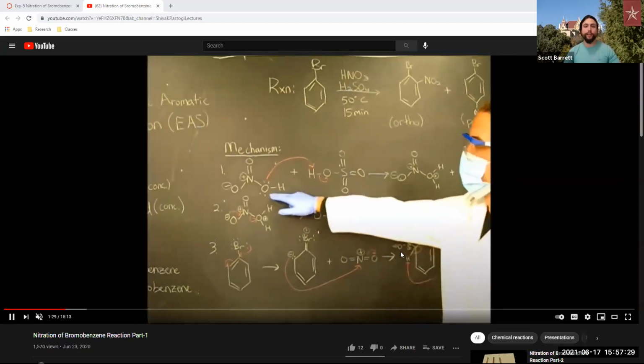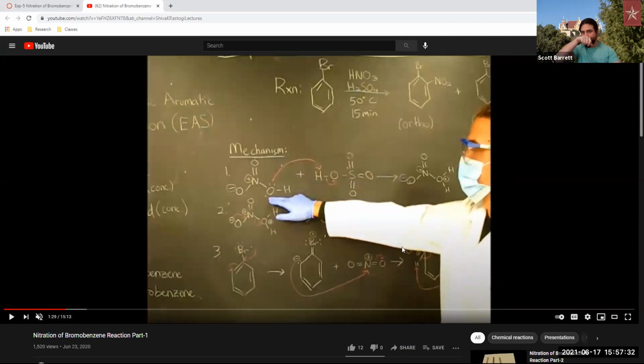Great, so this is a great thing, because then we have our mechanism here. This is nitric acid, and take note, this is how you're going to do your mechanism for your lab notebook. The hydroxyl group of nitric acid takes a proton from sulfuric acid, and the electrons move to the oxygen.